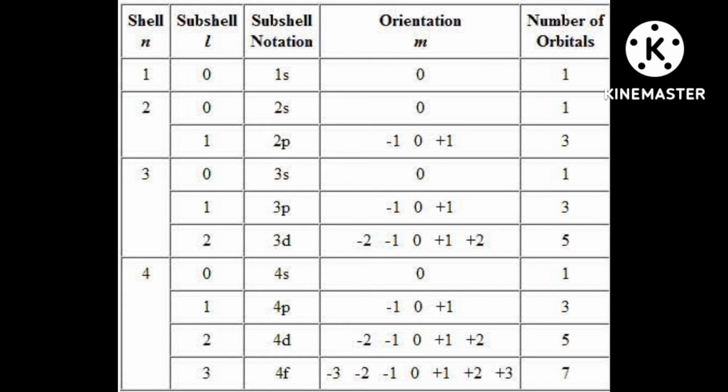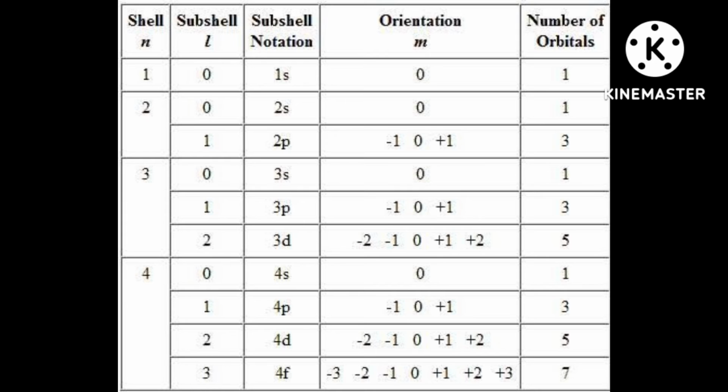Keep in mind, L is equal to 0 means the S subshell, and L is equal to 1 means the P subshell. Under this P subshell you got 3 values of m.